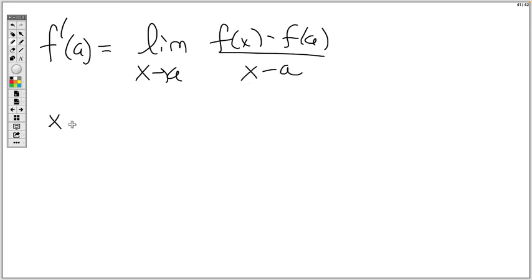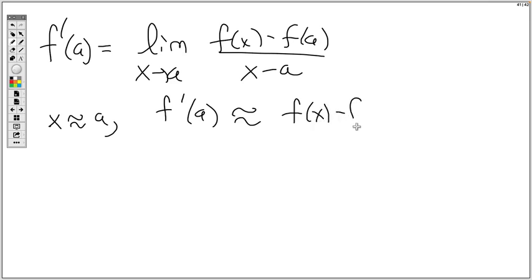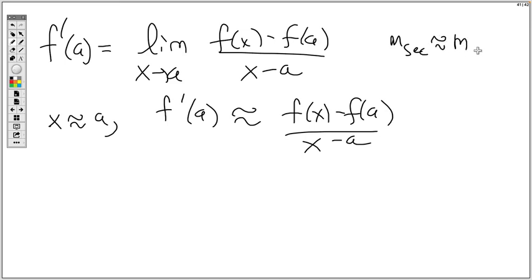So the idea is if x is really close to a, then f prime of a is really close to f of x minus f of a over x minus a. Does everyone agree with that? That's what limit means. Limit means as x goes to a, if that's the limit, f prime of a, then that means that the thing inside, the slope of the secant line, is going to look pretty much like the slope of the tangent line as long as you're close.